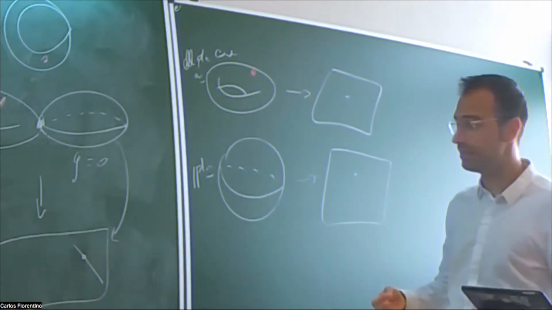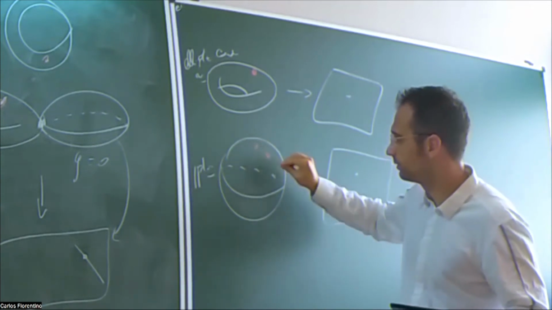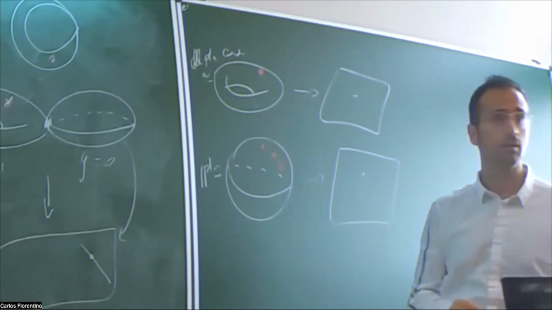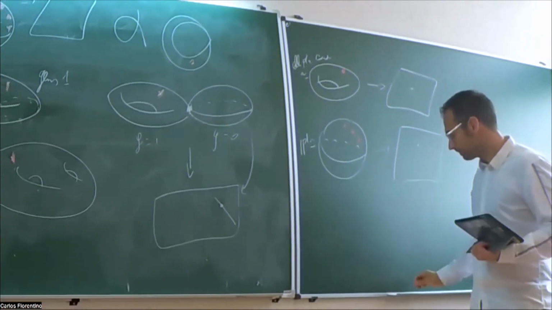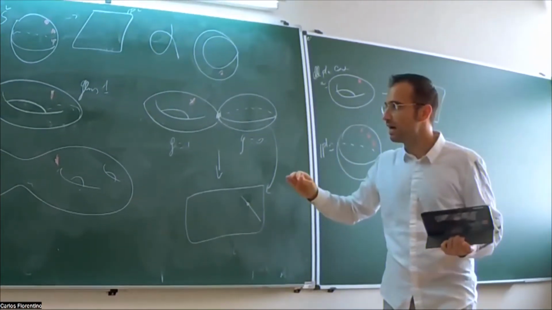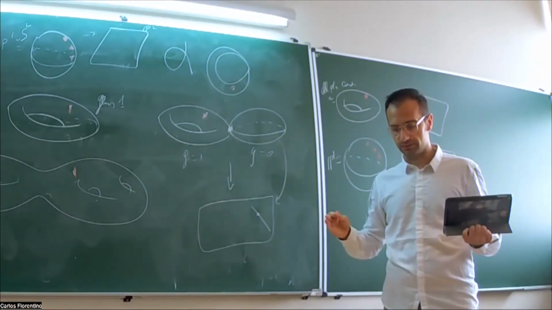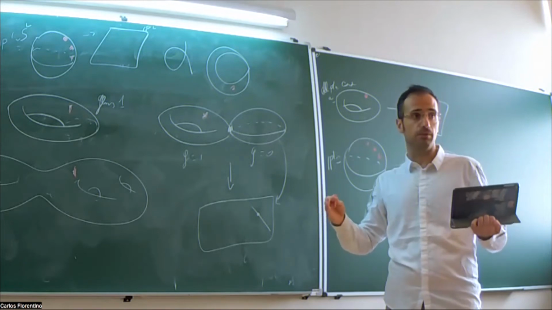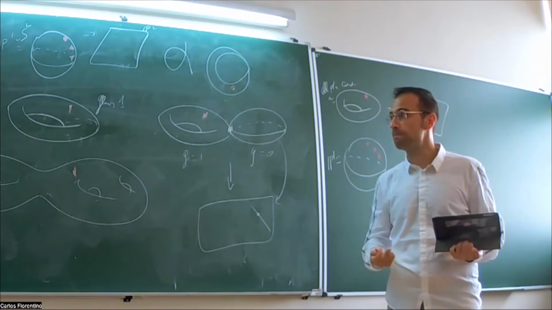In order to be stable, I have to add at least 3 marked points. But what is the reason of this? The reason is that I want my quasi-stable map to have a finite number of automorphisms.